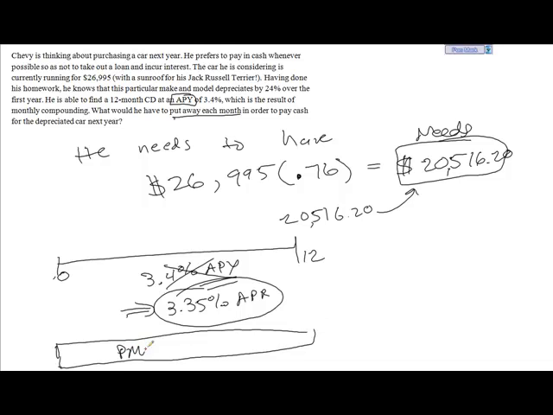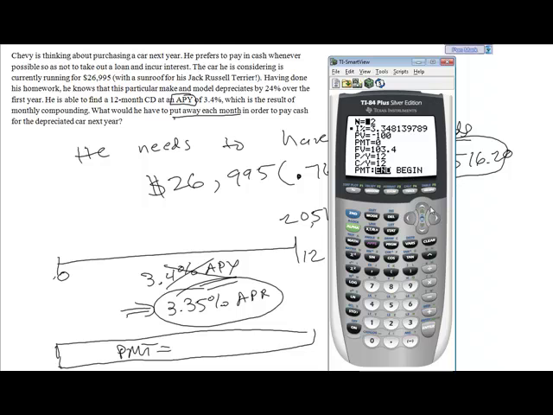And we would probably expect this to be fairly large, given that he wants $20,000. He's only going to invest for a year at this really low interest rate. So we do want 12 months because this is a 1 year investment. We can just leave this rate here because this is a little bit more precise than just saying 3.35.